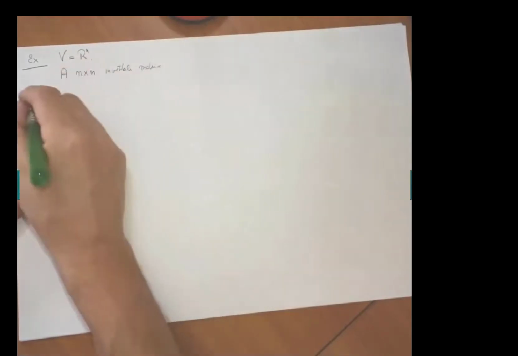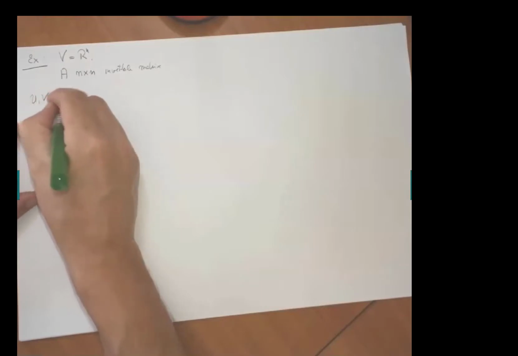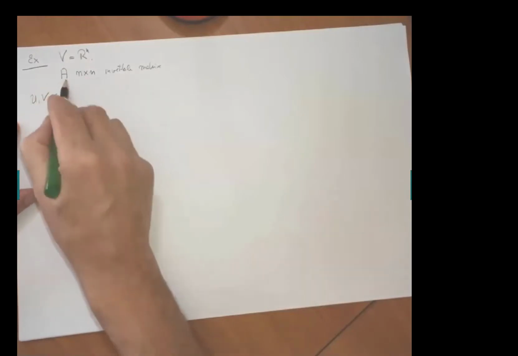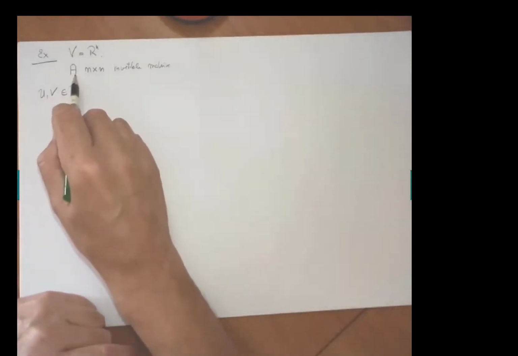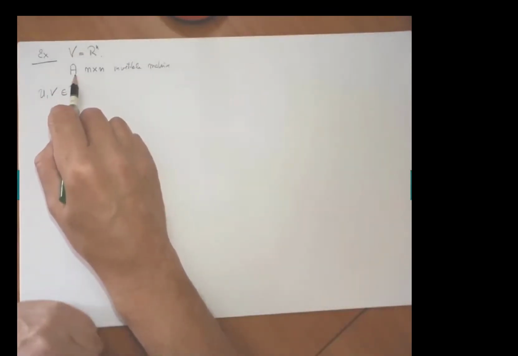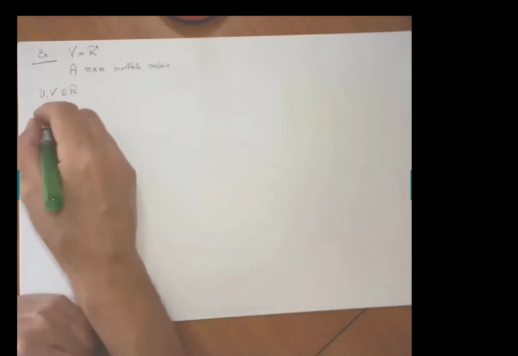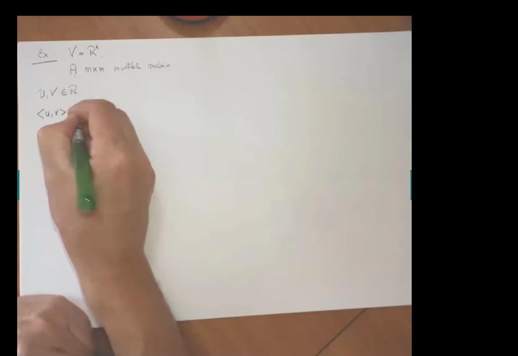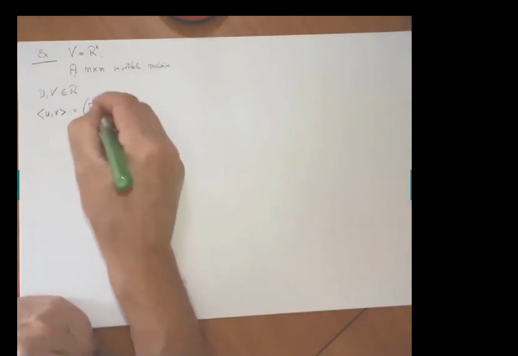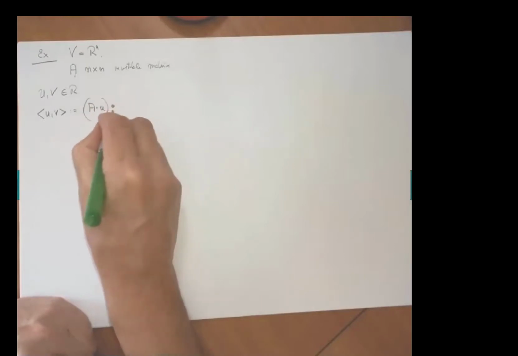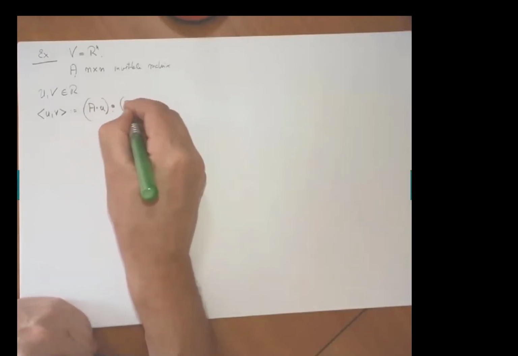And then for u and v in Rn, we define an inner product based on this matrix A. So it turns out u comma v is defined as Au dot, so this is the old dot product, Av.